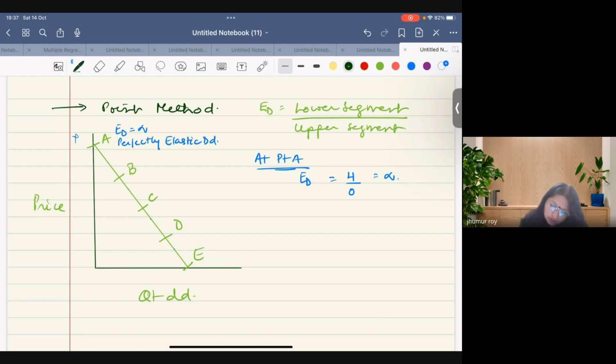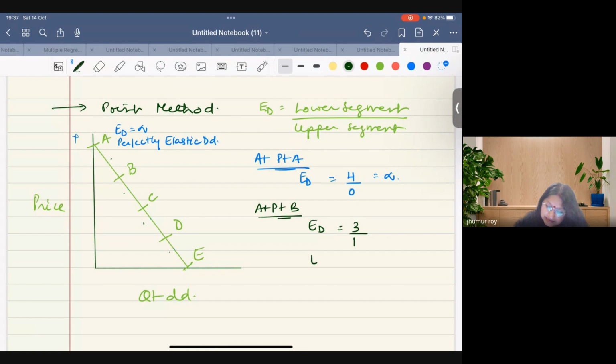Now we come to point B. What do you find? At point B, elasticity of demand is lower. There are 1, 2, 3 segments, and upside there is only this one segment. So it will be 3 by 1.